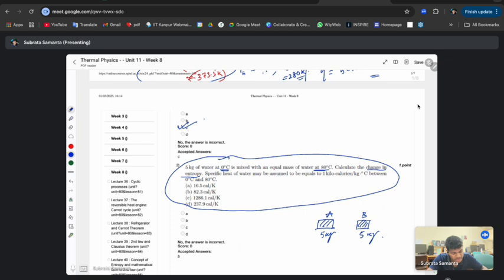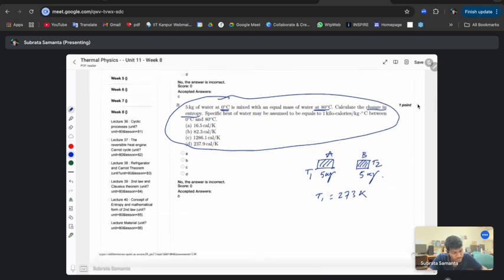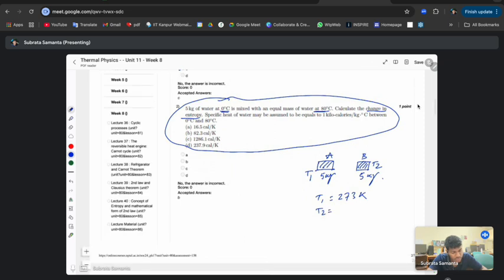The temperature is T1 here and T2 here. T1 is 0 degree centigrade, so that means 273 Kelvin, and T2 is 80 degree centigrade, so this is 80 plus 273, so 353 Kelvin.